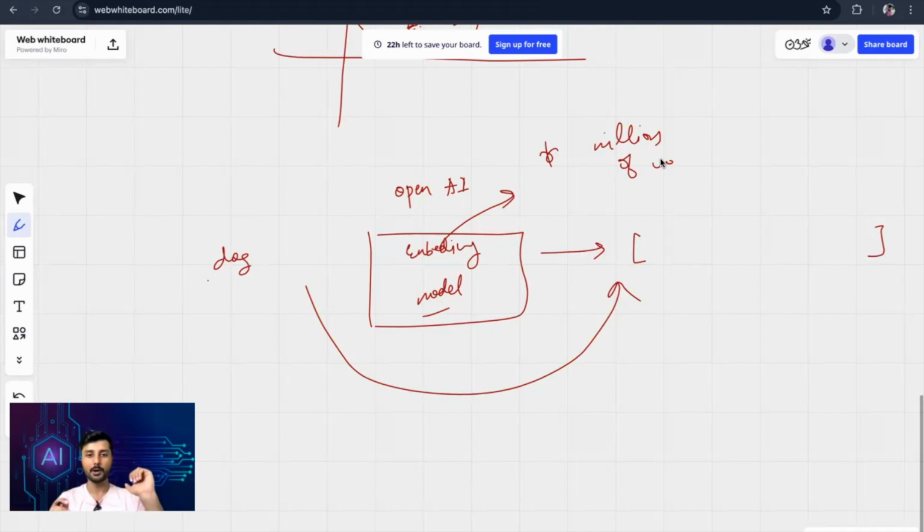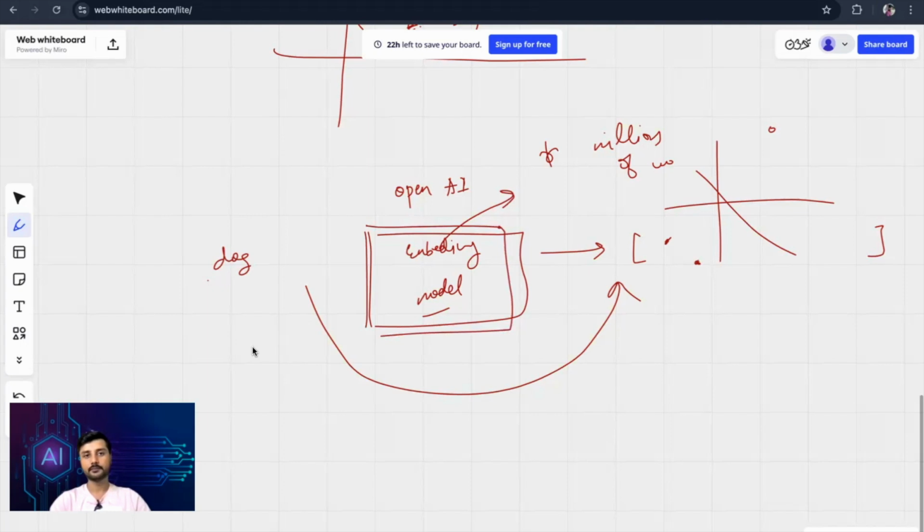It knows everything about it, so even if you give it a new word, it knows that this word is used with that word, which means it should be closer to this, not that. And in the 1536 dimensions, it is able to place that word there. So this is the role of the embedding model.